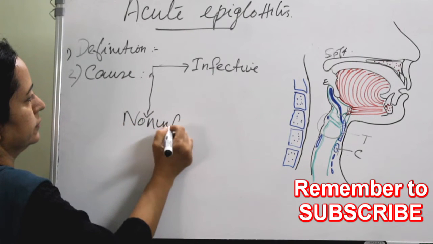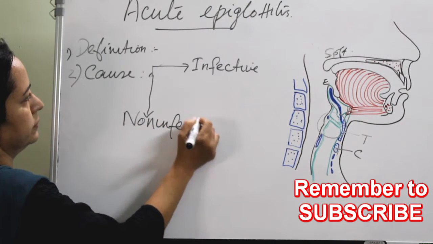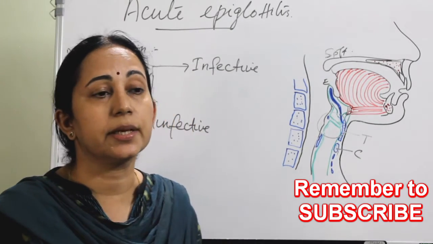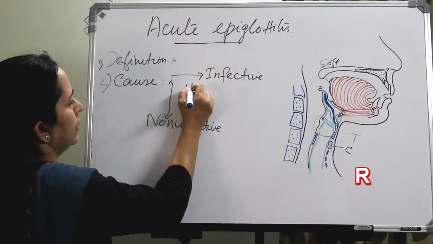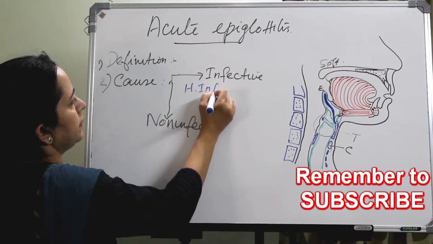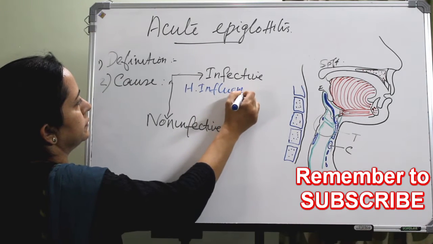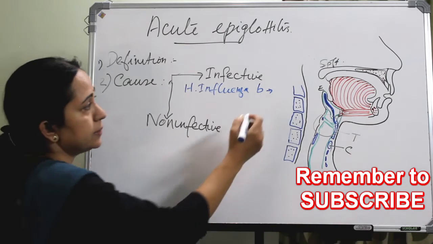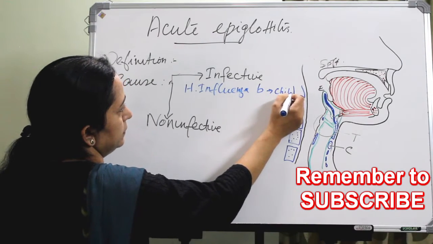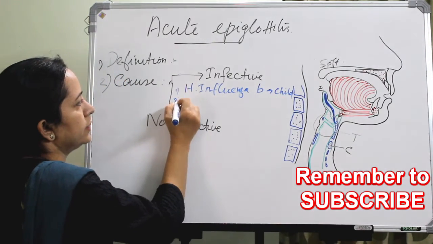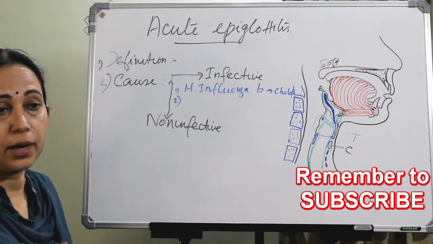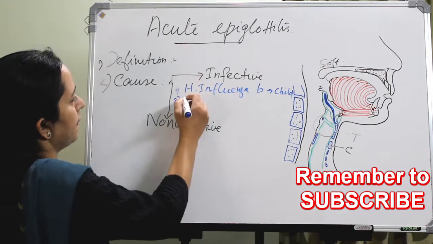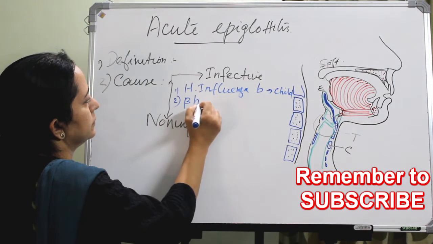In children, the commonest organism is Haemophilus influenzae type B. It is a common cause in children, and because of vaccination with the Hib vaccines, in adults and in older children, the commonest cause is beta hemolytic streptococcus.